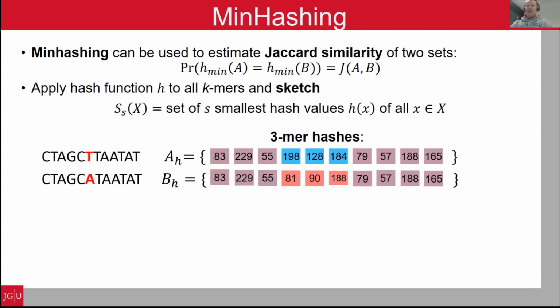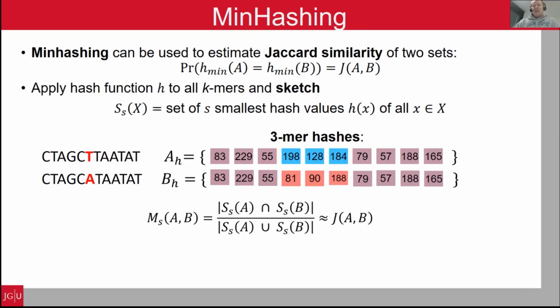different integers. Now, one way to compute the similarity between those two strings is to compute the Jaccard index of these two sets, AH and BH. When we now use MinHashing, we reduce the k-mers and then compute the Jaccard index of the reduced set.